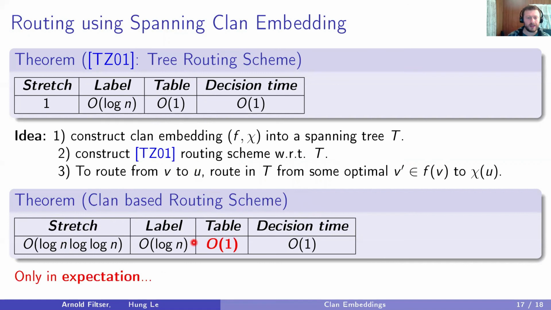However, note that the size of the table is constant only in expectation. If your number of copies is constant, this will be constant because you need to store the routing table for each copy. For most of the vertices it will be constant, and amortized over all vertices it will be only n. Okay, so this is our routing scheme.